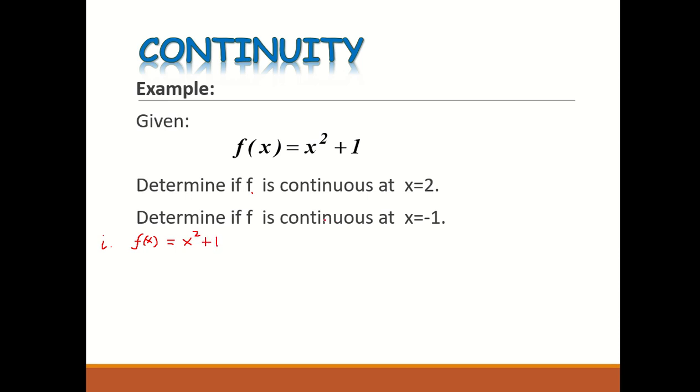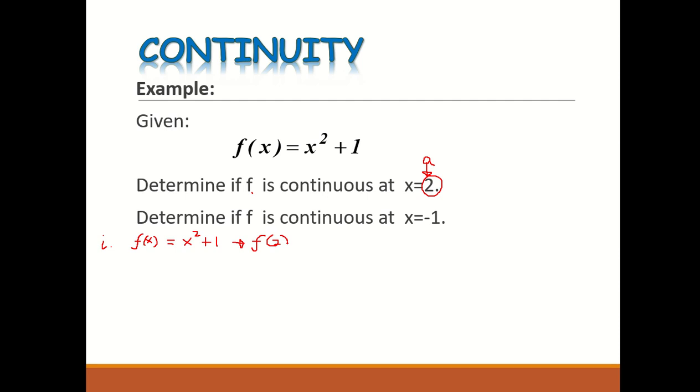Okay, so for the first requirement, to determine if the function is continuous at x equal to 2, we have to use this number. So this is our a. Alright, 2 here. This is our a as mentioned in the concept in the previous slide. So therefore we have f of a, where our a is equal to 2, so f of 2.